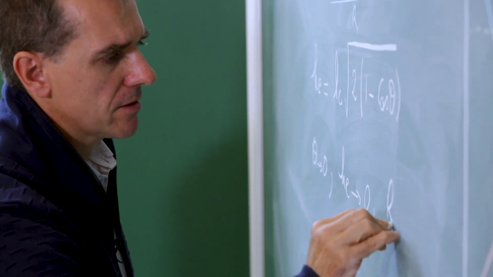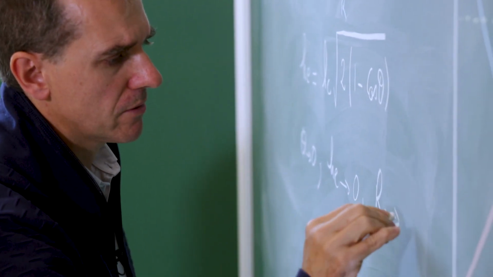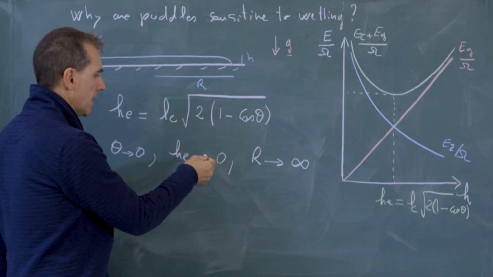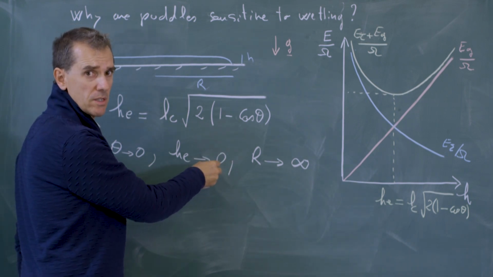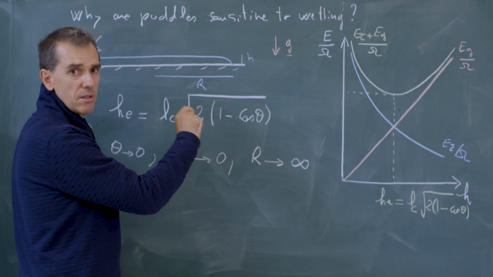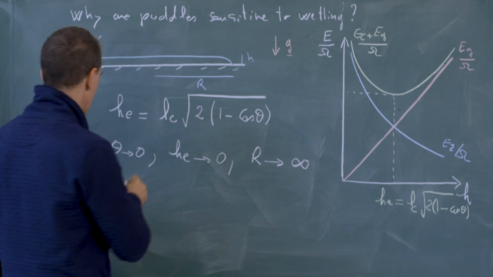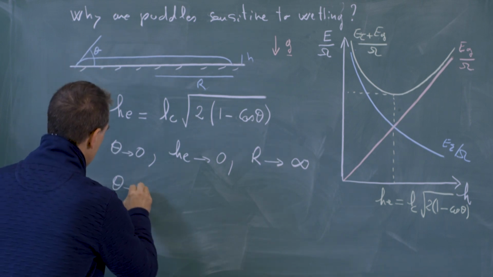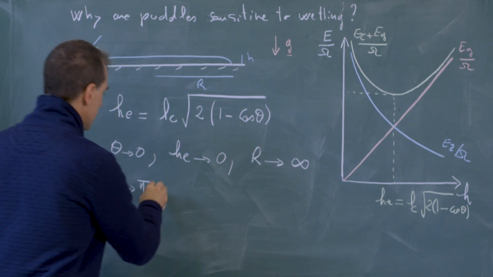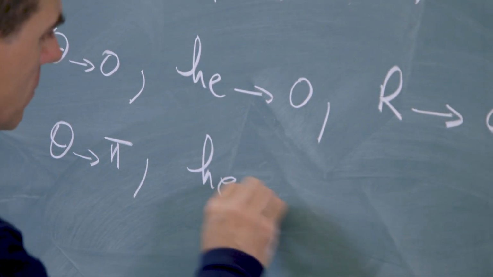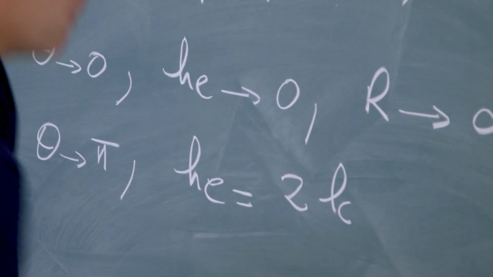And the radial extension, by volume conservation, goes to infinity. In fact, in this limit, we will have to consider the size of the molecule. So the liquid will deposit a thickness over the surface of molecular size. In the opposite limit, where theta goes to pi, so this is the non-wetting limit, then the formula for the thickness tells us that He will be equal to twice the capillary length.